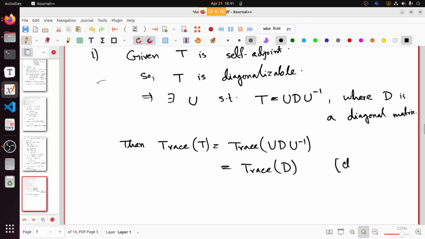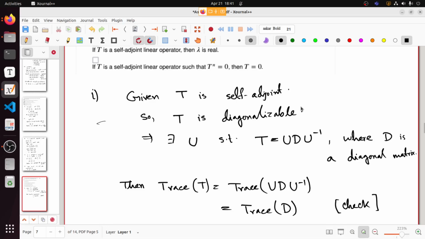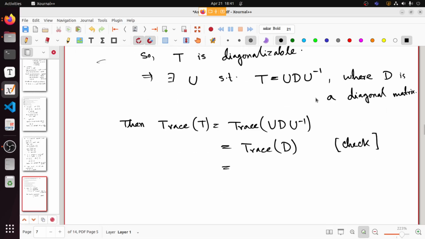And what is the diagonal matrix? You also know that as T is self-adjoint, the diagonal has all the eigenvalues, right? So let me write a note here.